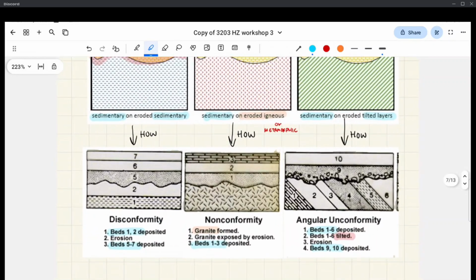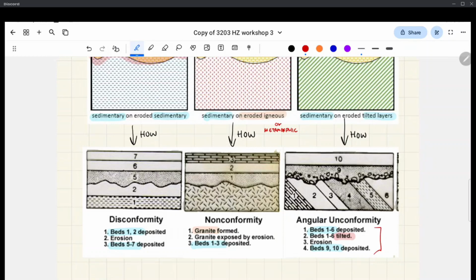So for disconformity, you have beds 1 and 2, for example, sedimentary rock. There's erosion that happens of some sort before beds 5, 6, 7 are deposited. These are just examples again. Granite, which is the igneous rock, was formed, and then that's eroded, and then the top beds are then formed.